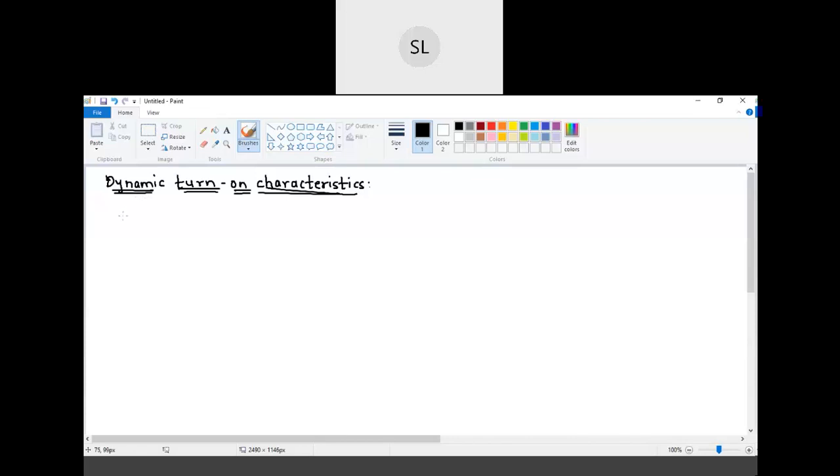Now we have already seen the techniques through which the SCR can be turned on. The SCR can be turned on by increasing the voltage across anode and cathode to such an extent that the middle junction J2 will break down. When the anode is kept positive with respect to the cathode and the gate terminal is open, junctions J1 and J3 are forward biased and junction J2 is reverse biased.